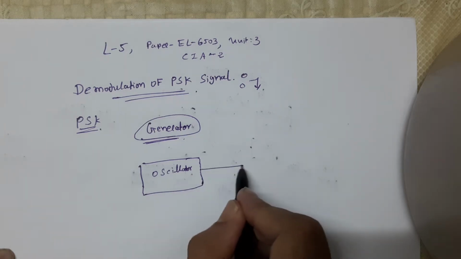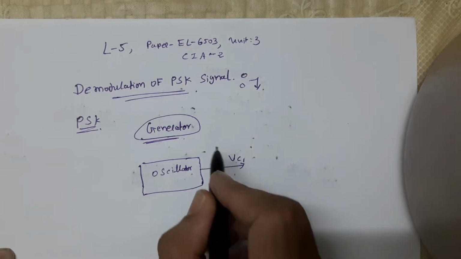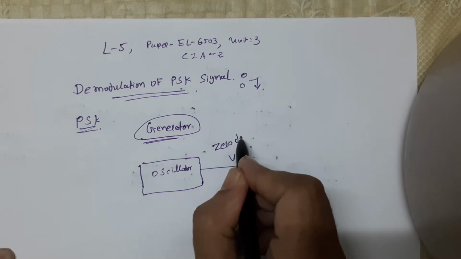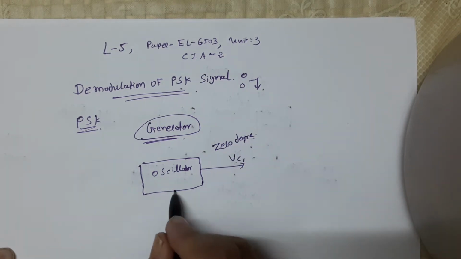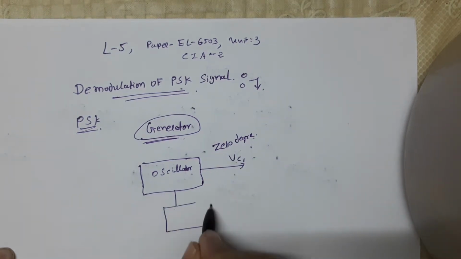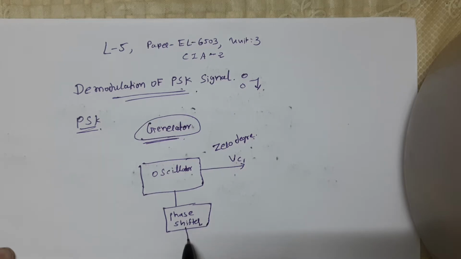We take VC1 with 0 degree phase shift. Second one, there is a phase shifter, so we are getting a 180 degree phase shift signal which is known as VC2.